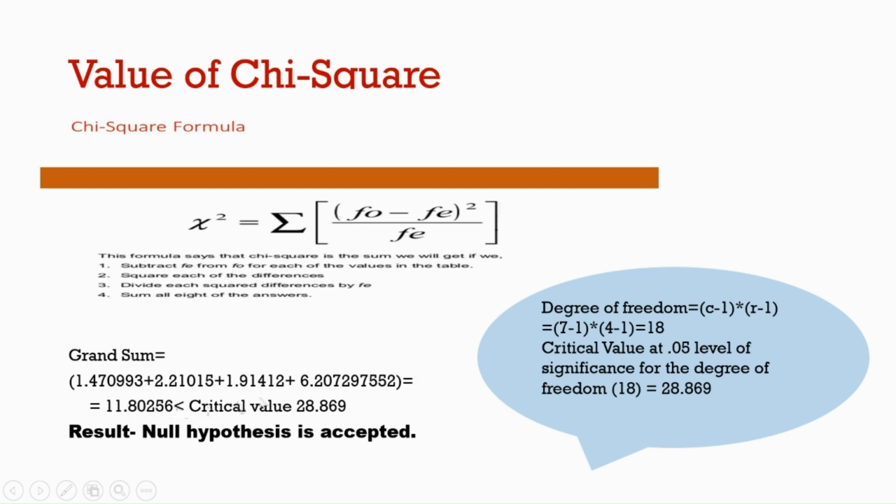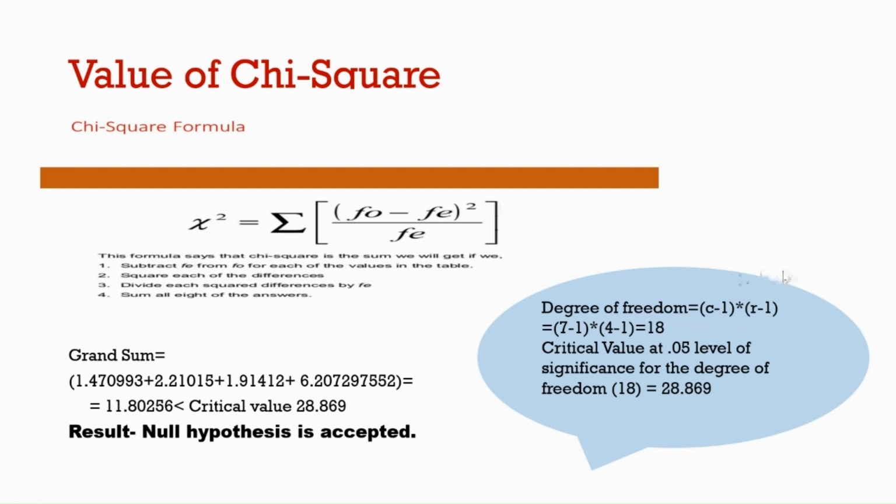And if we check it by the table, but before checking it, first we should know about the degree of freedom. As we know, degree of freedom depends on the categories, that is, 7 categories are there. So it is row minus 1 multiplied by column minus 1.